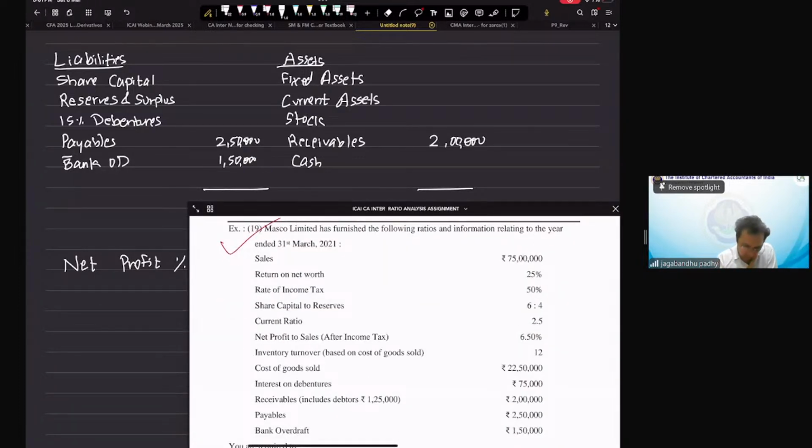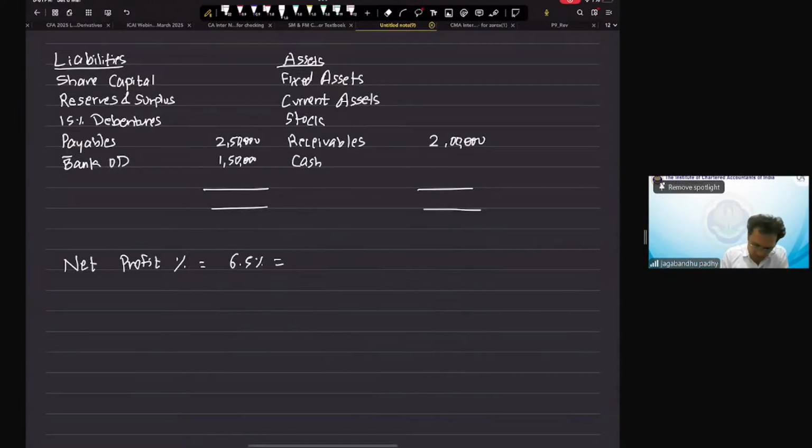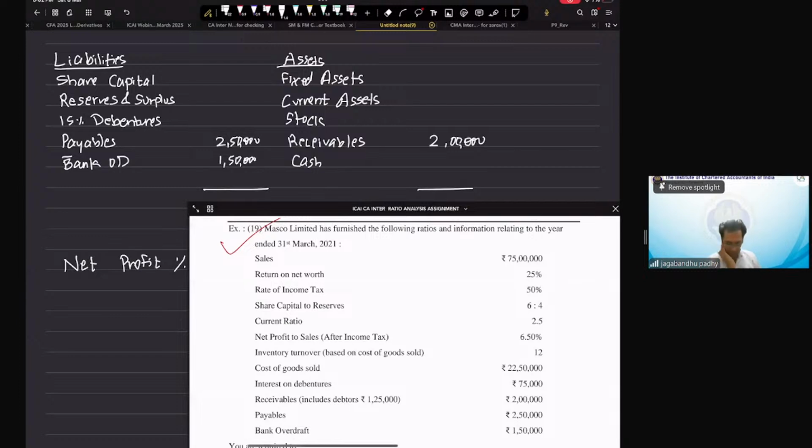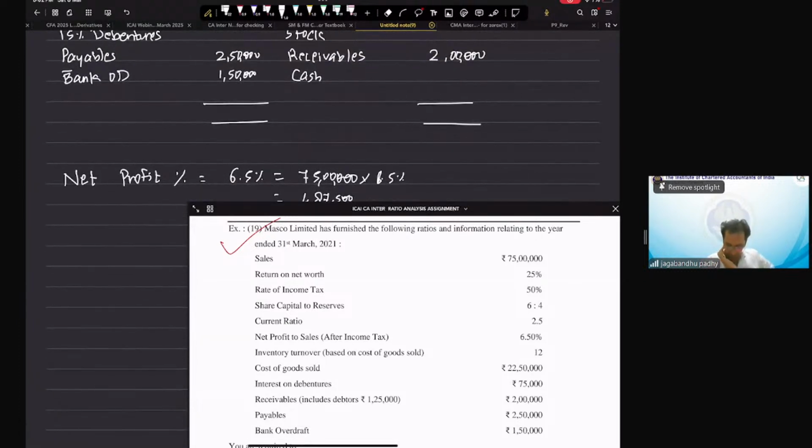So that is going to be 75 lakh into 6.5%, which works out to be 4 lakh 87,500. Okay. So the net profit is 4 lakh 87,500.